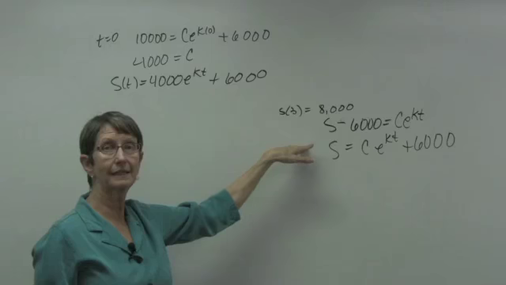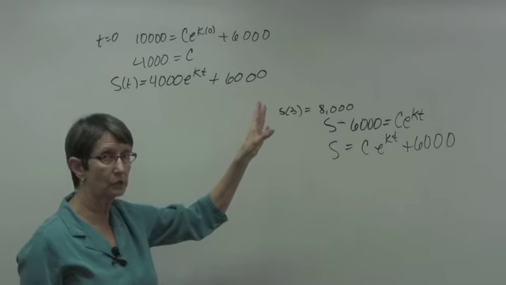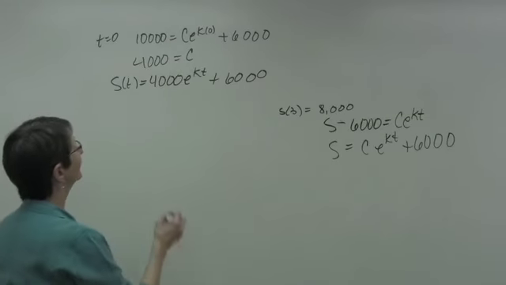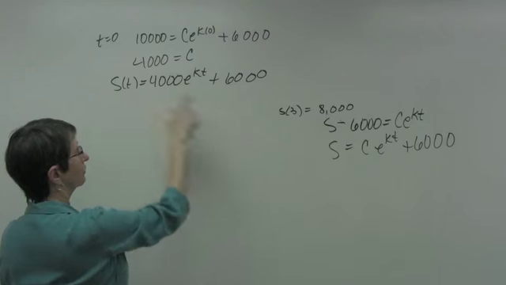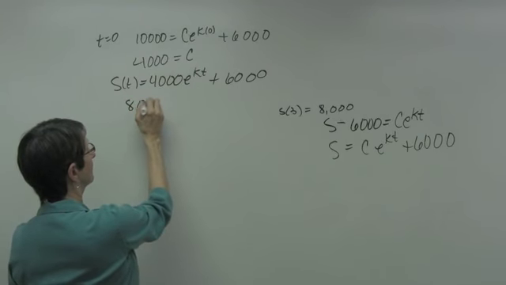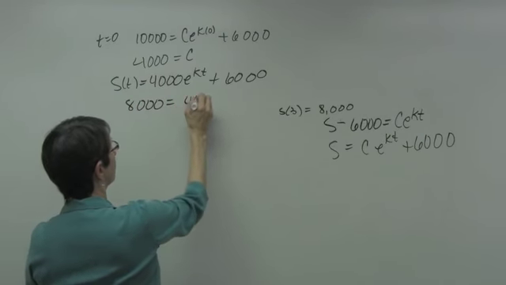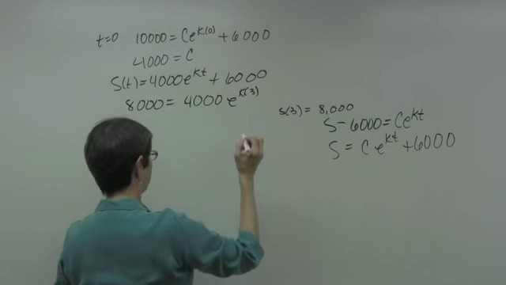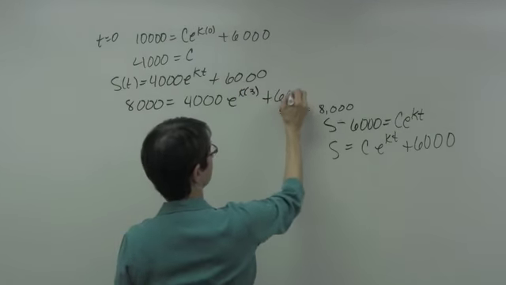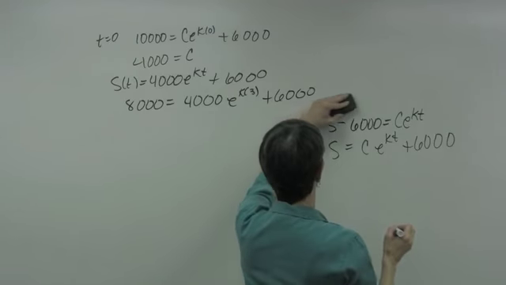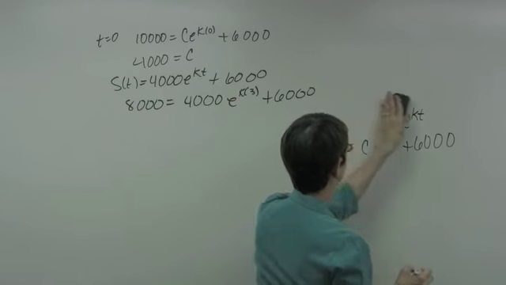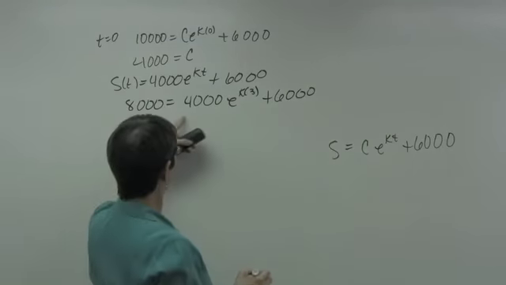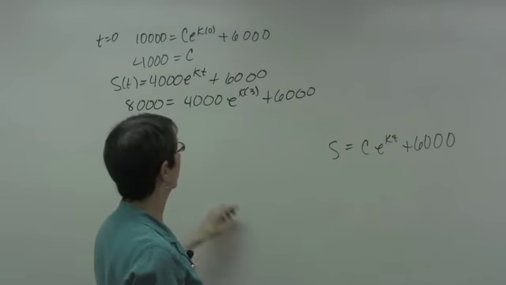Now I move to the second condition. And if you have two conditions, always use t equal to 0 first. So if t is equal to 3, S is 8,000. So that's equal to 4,000 e to the k times 3 plus 6,000. So I'm getting a little bit closer every time.